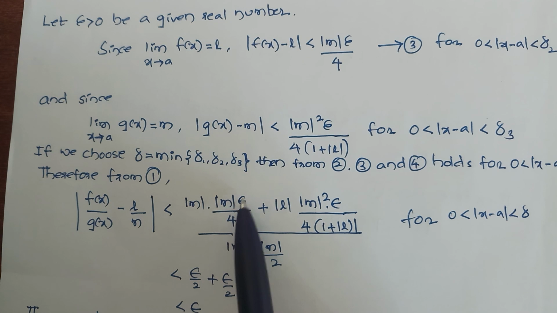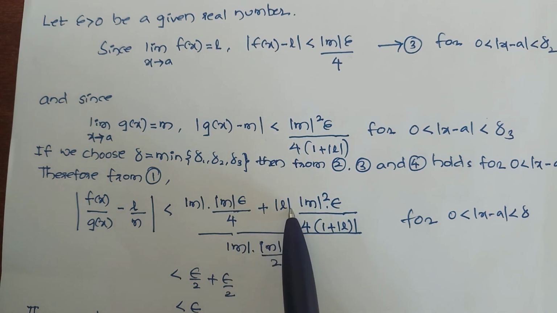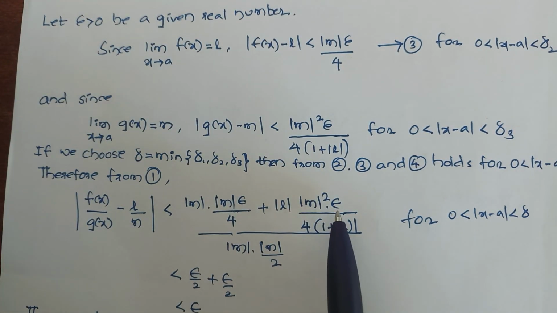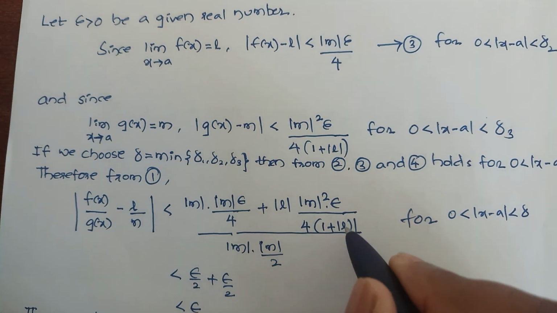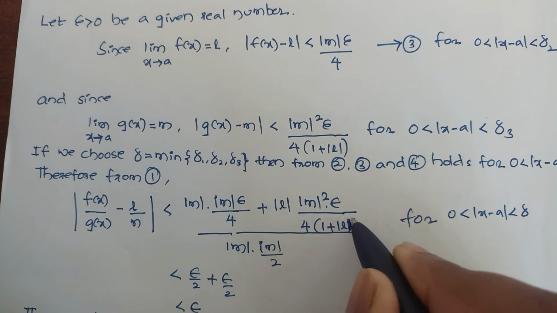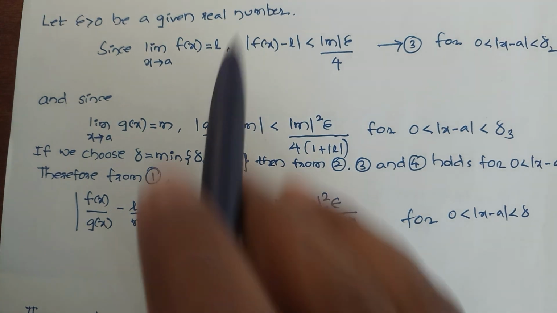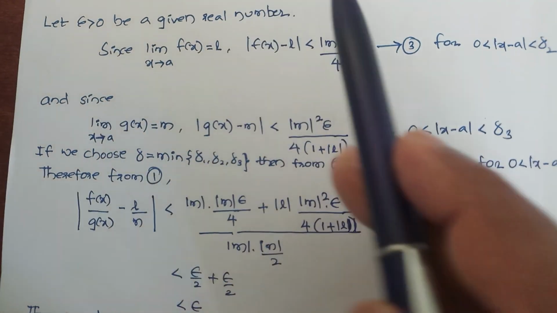So modulus of m into epsilon divided by 4 plus modulus of L into modulus of g of x minus m. So you substitute the value of modulus of g of x minus m, that is modulus of m square into epsilon divided by 4 times 1 plus modulus of L. Okay, modulus of L whole divided by modulus of m into this value.